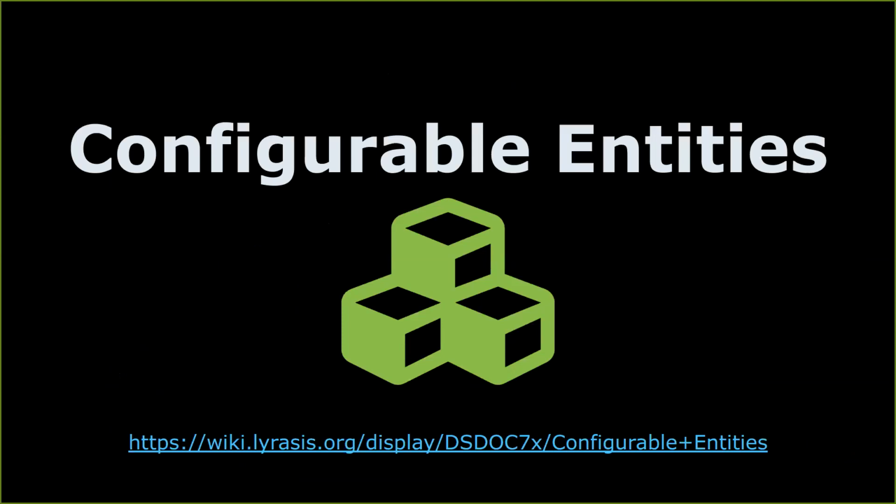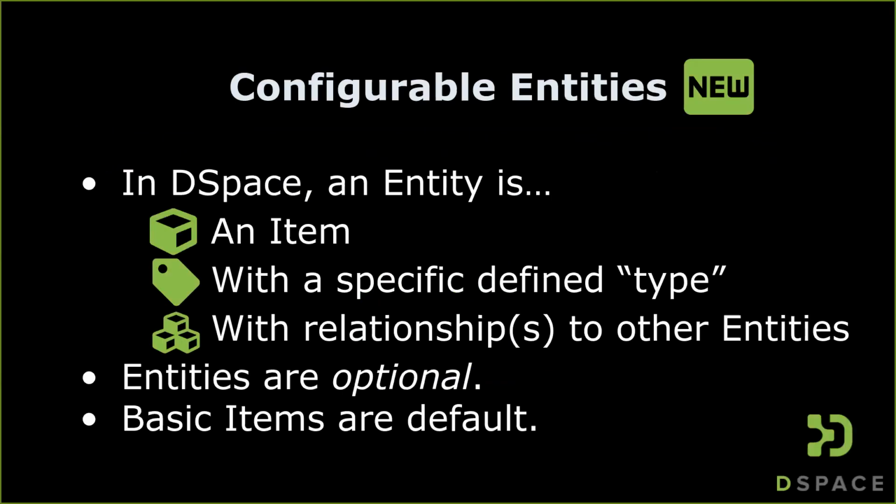So I'm going to give a quick overview here of configurable entities as well. There is a presentation on this too, so I'm going to maybe gloss over a couple of these things relatively quickly since we're running short on time. But the basic concept here, if you haven't heard yet, configurable entities is a new concept in DSpace where an entity is defined as, it's always an item. It's always got a specific type or sort of a label, a type of an item.